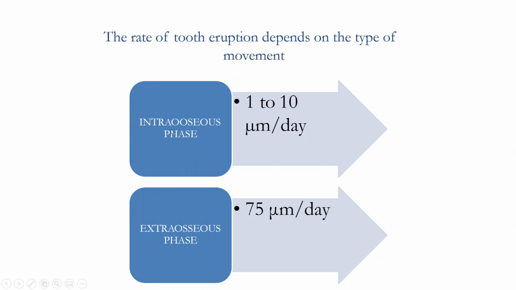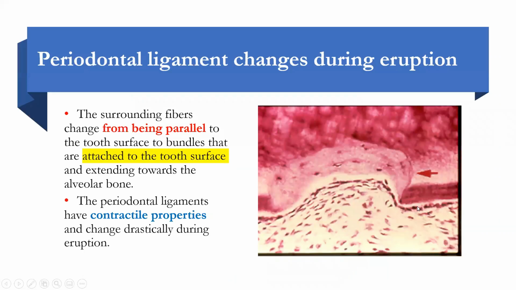So the intraosseous phase, that is all the changes that are happening within the jawbone, occurs at a pace of 1 to 10 micrometer per day, whereas once the tooth erupts into the oral cavity, the extraosseous phase, outside the bone, is about 75 micrometer per day, which is quite faster compared to the intraosseous phase. Periodontal ligament has a very important role in eruption.